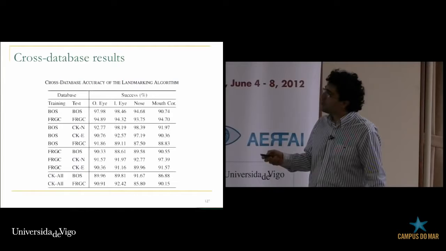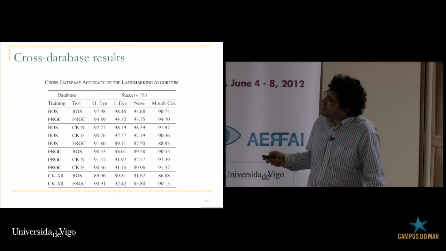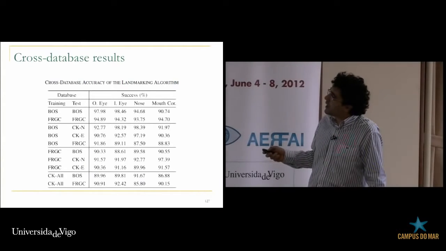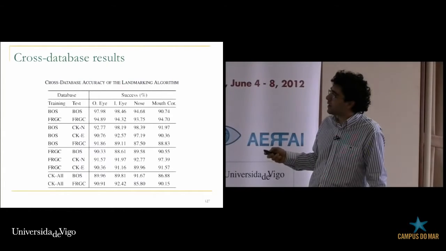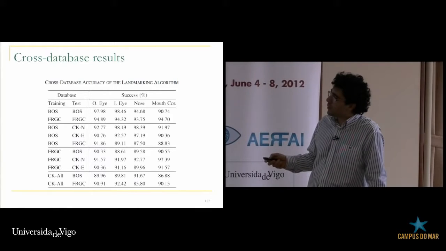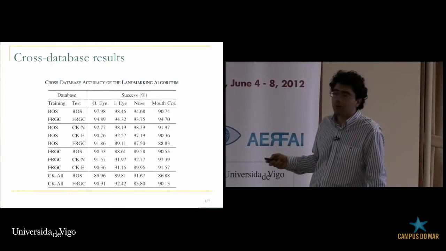So here we use Bosphorus, FRGC, Cohn-Kanade neutral, Cohn-Kanade expressive. And you see that when you do the training and testing on the same data set, you have high accuracy, but sometimes, usually actually, when you go to another database for testing, the accuracy drops.